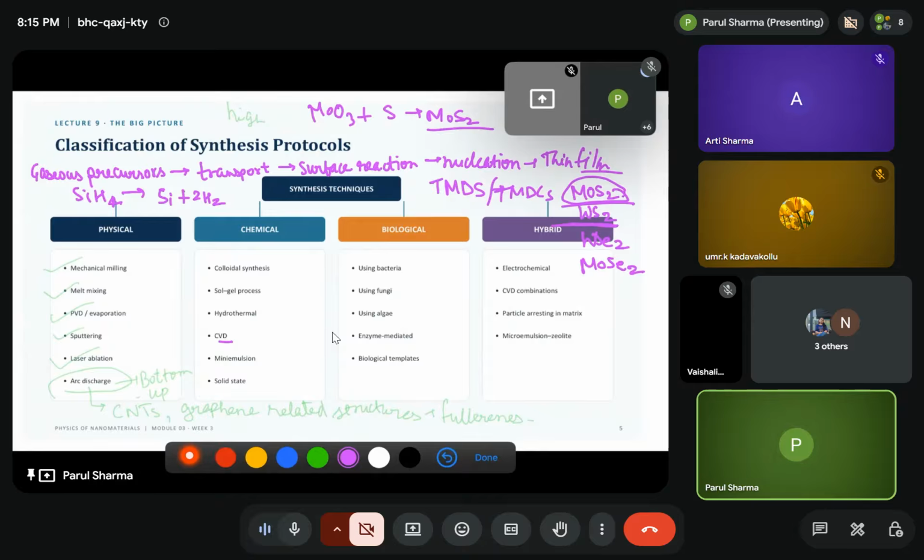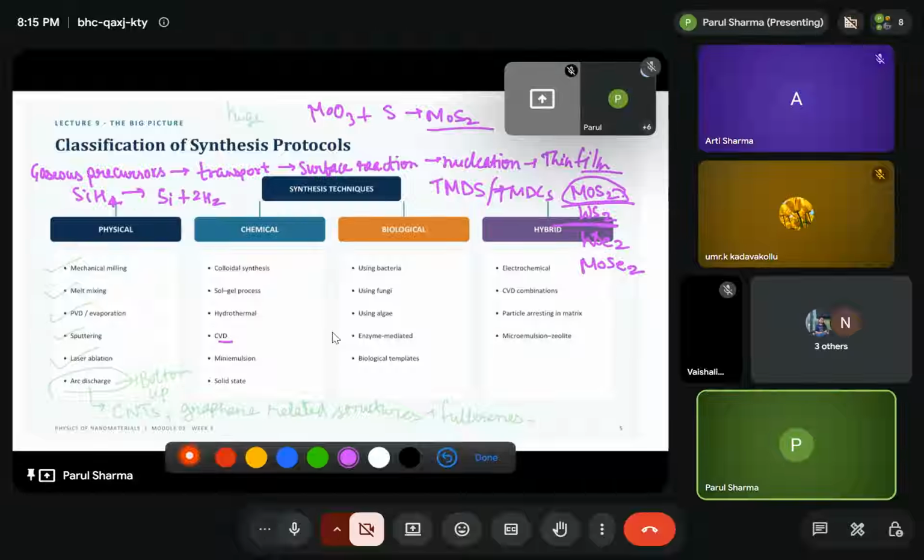So the first step is transport, where the gaseous precursor will be transported towards the substrate. Then there is a gas phase reaction. The precursor will undergo reactions and it will decompose before reaching the substrate. Then adsorption will happen. Then the desired material will begin to form nuclei and it will grow.